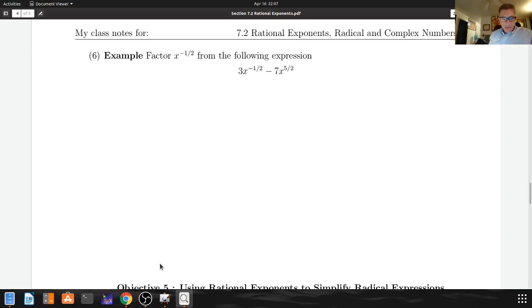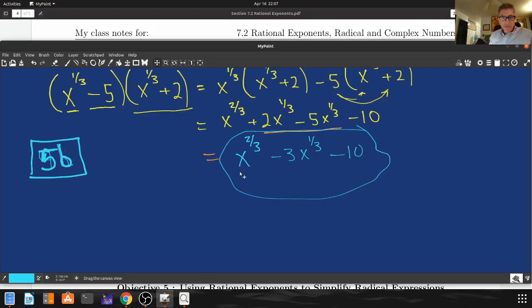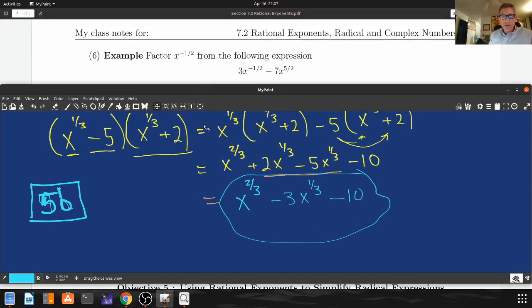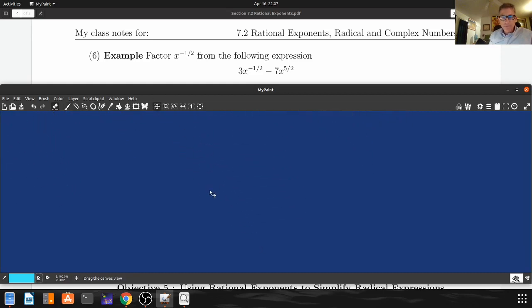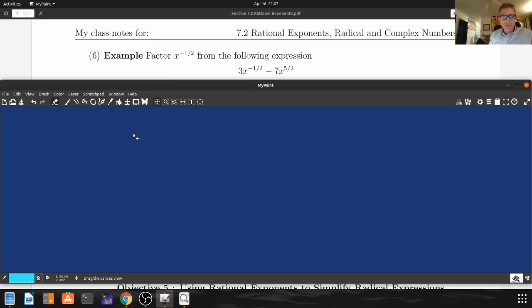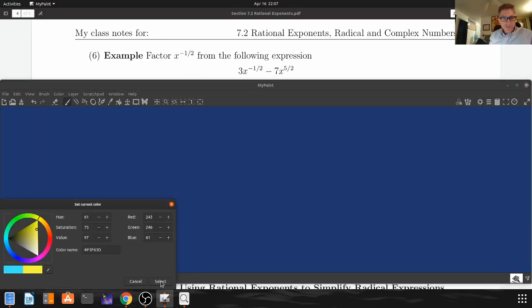So here we go. We're going to do a factorization. So this is going to require us to remember how to factor. So here is my original sum.